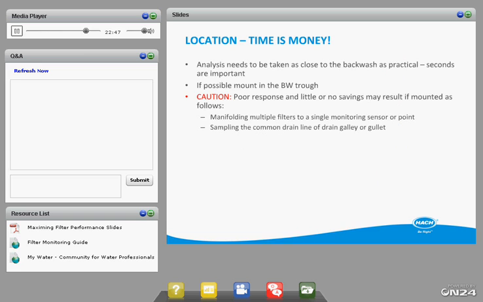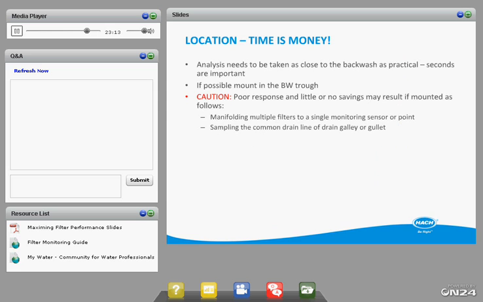So with all things, having the right equipment is important, and the Solitax is certainly the right equipment. But location is also important, and in this case, location, time is money. Analysis needs to be taken right at the point of the filter, and you really want to be as close as possible. If possible, we recommend mounting the Solitax in the backwash trough.